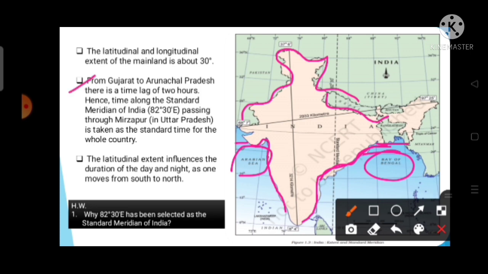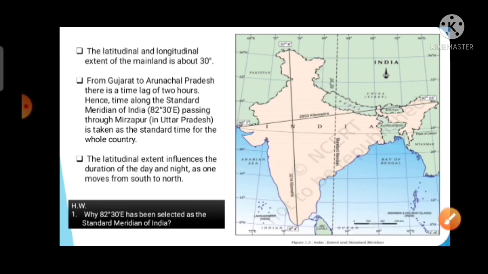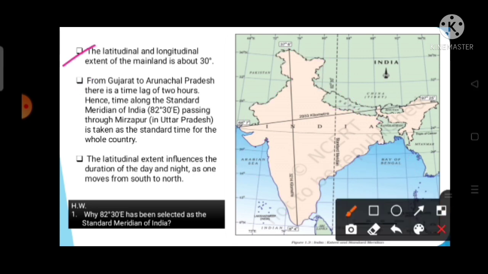From Gujarat to Arunachal Pradesh, there is a time lag of 2 hours. Okay, wait. At first, this point should be cleared. The latitudinal and longitudinal extent of mainland is about 30 degree. How did we come to this conclusion that the difference is 30 degree of longitude and latitude?